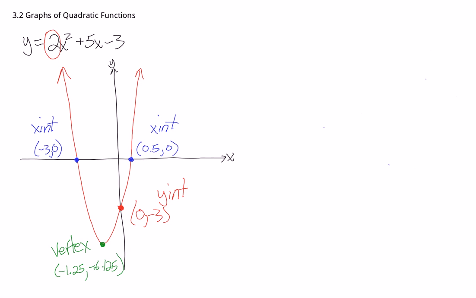Okay, so now let's go through a little bit more analysis with this graph. We have our key points in the graph already labeled. Now we want to go through some of the other terminology that you have to be aware of. The first one is the axis of symmetry.